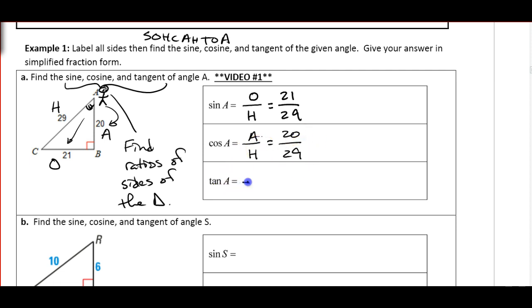And the tangent is opposite over adjacent. That's my TOA. The opposite side is 21 and the adjacent side is 20. So here are the three trig ratios, sine, cosine, and tangent, if I'm standing at angle A. If I'm standing over at angle C, these are going to change a little bit, so keep that in mind.